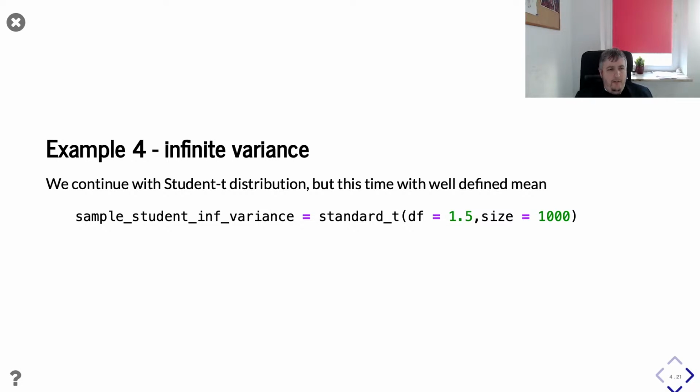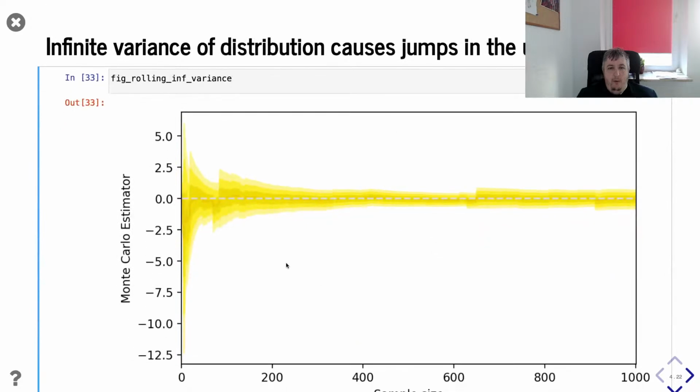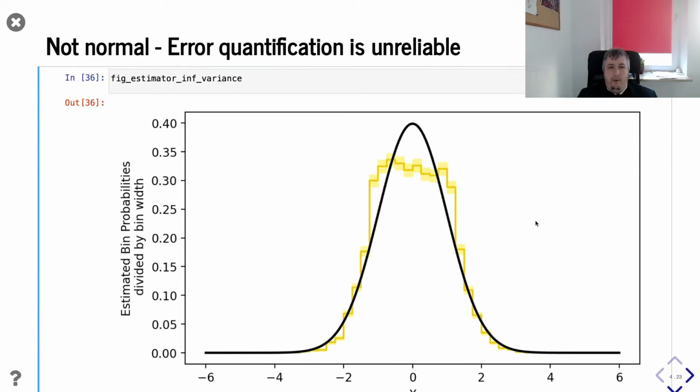In the case of infinite variance, we have a similar situation, but slightly different. When we increase our degrees of freedom to 1.5, so between 1 and 2, we can see that we have the mean estimated, but the uncertainty around it varies, and varies independently of the number of samples.